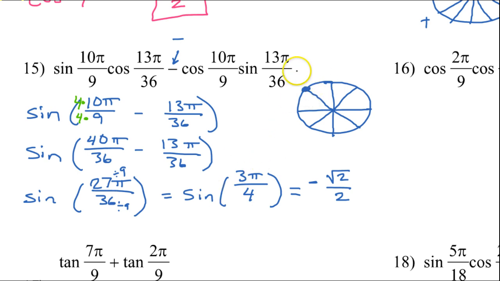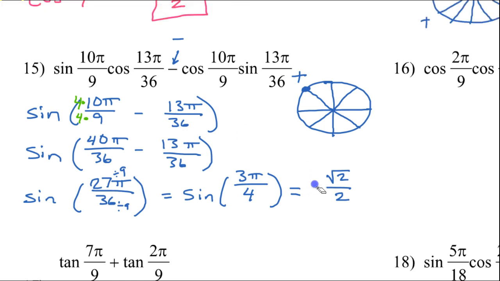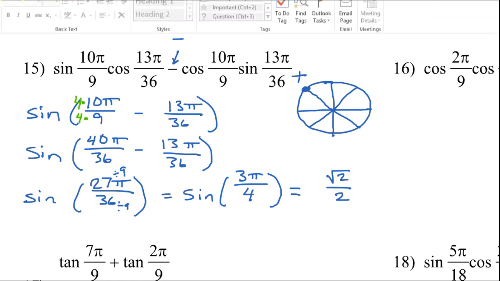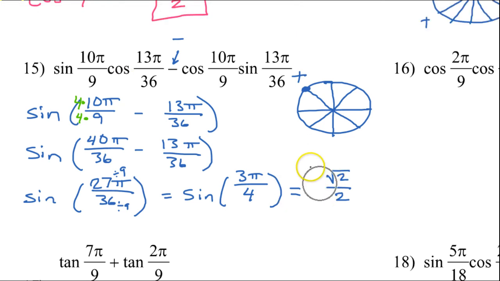Sine is positive in this quadrant because sine is a y value and this is above the x-axis. So that's why I will erase this negative mark and just put radical 2 over 2 for the final answer. Alright, so that is the final answer for number 15.